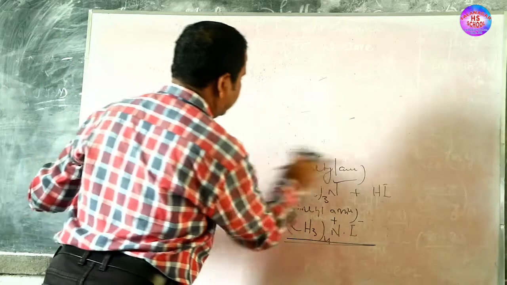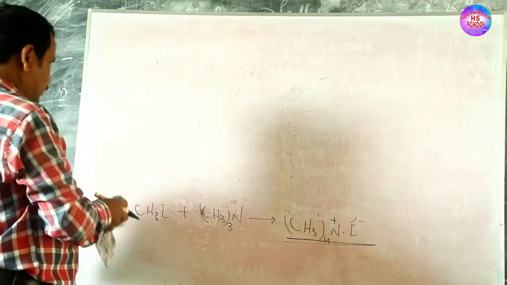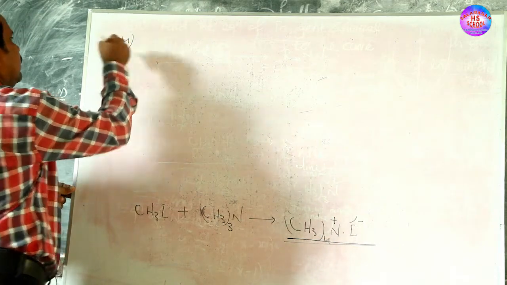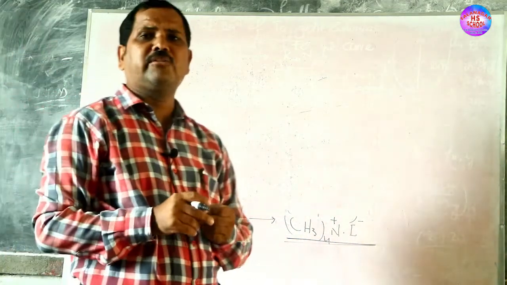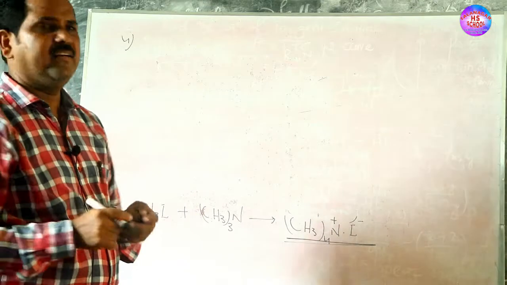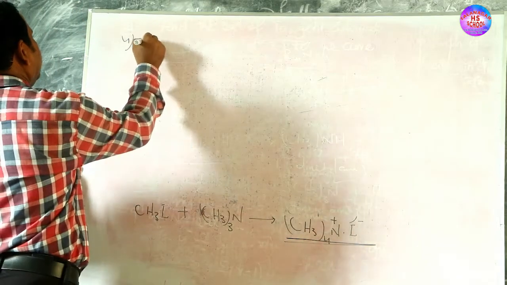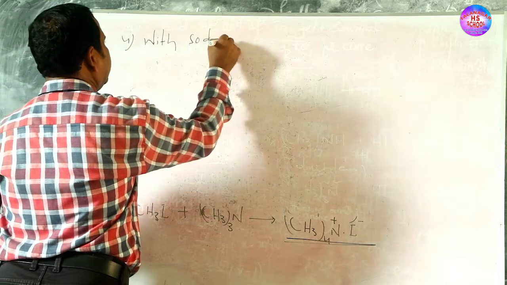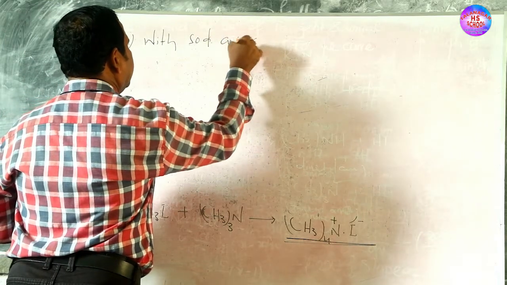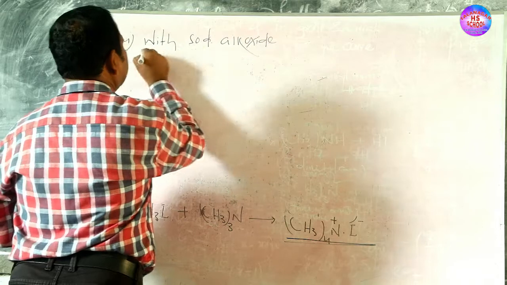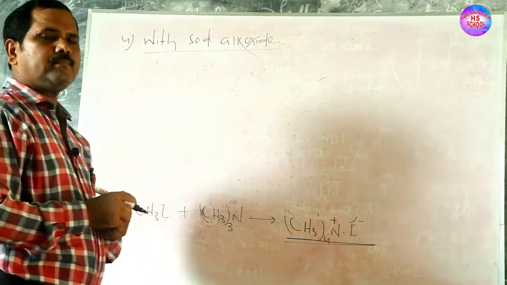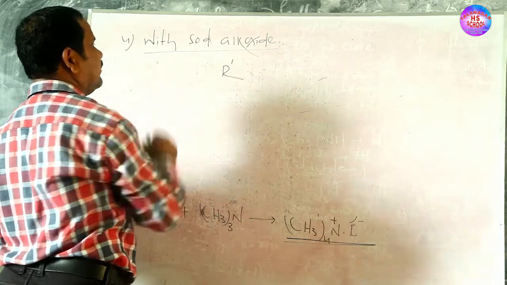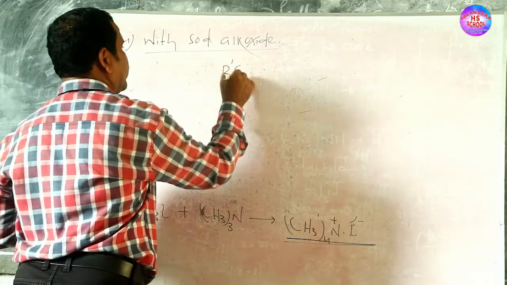And now read the fourth reaction, a reaction with sodium alkoxide. Suppose sodium alkoxide has an alkyl group R plus oxygen.